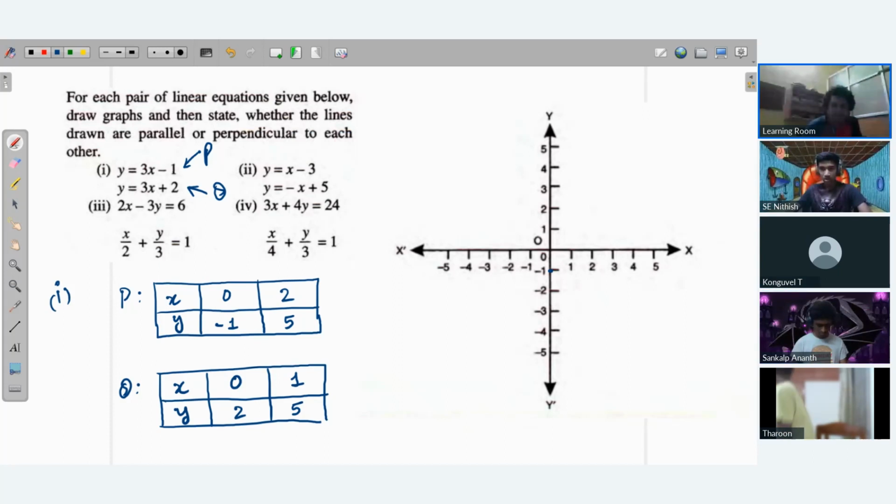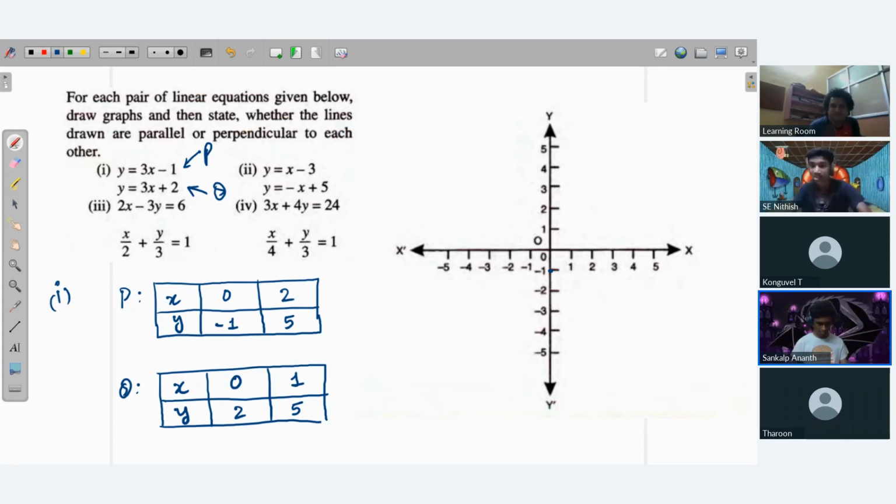You are saying for y equal to 0, you are getting x as minus 2 by 3. Then if you put x equal to minus 2 by 3, y will come as 0. Is it correct? So they're parallel. Correct, sir.